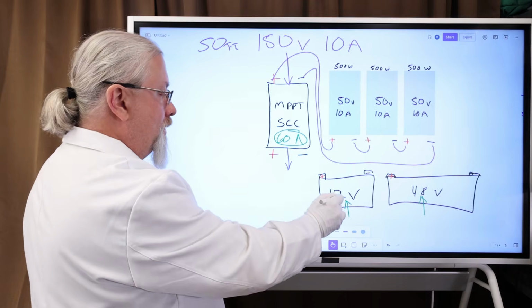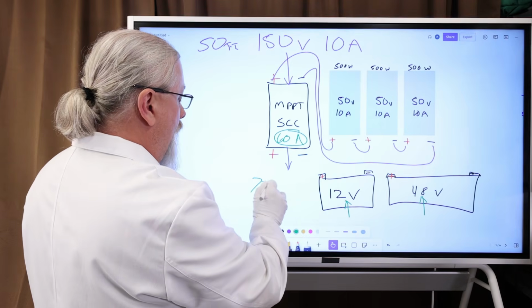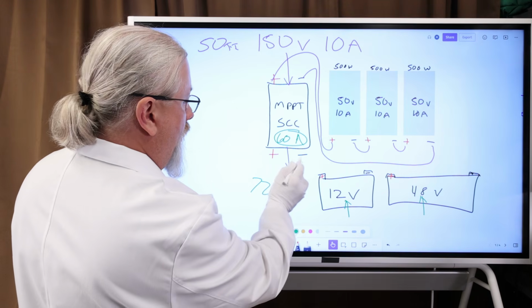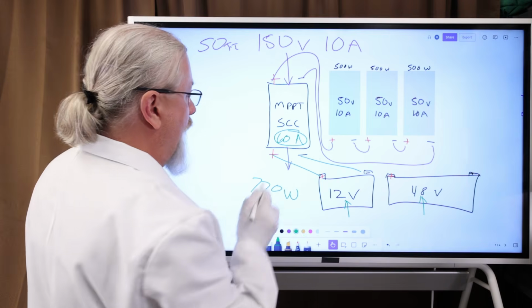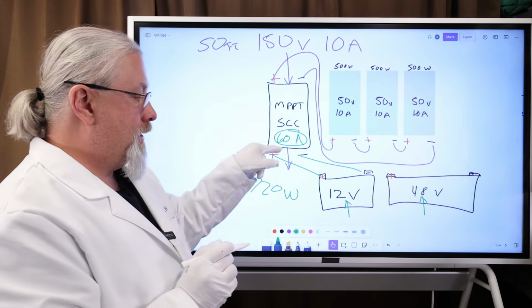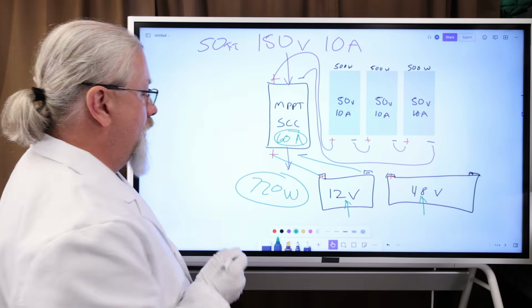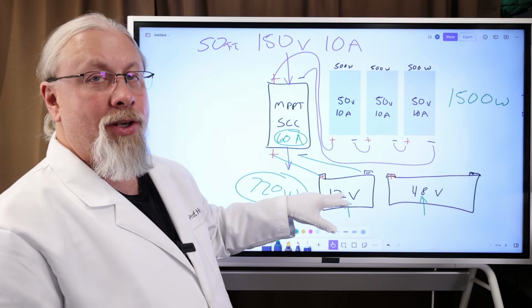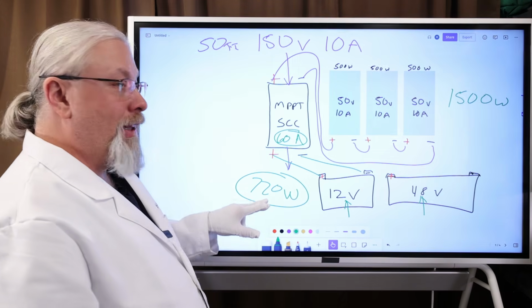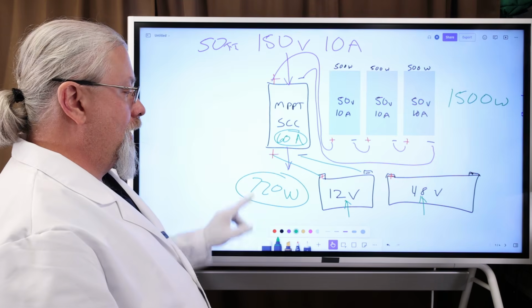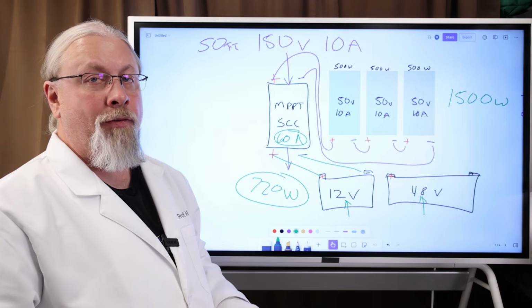So at 12 volts, 60 amps, you're only going to be able to do 720 watts of solar, because you run this to your 12-volt battery from your solar controller, only 60 amps could go into that battery. So 60 amps at 12 volts. You can only have 720 watts. Now you have 1,500 watts of panels up here. What's going to happen? Since you're going to a 12-volt battery, you're now limited to only 720 watts. You're literally throwing away half of your solar because you decided to run it into a 12-volt battery instead of something higher.